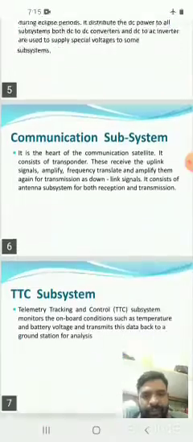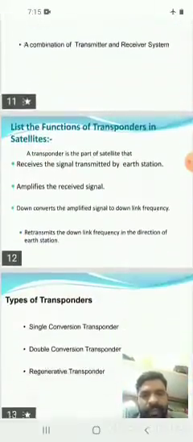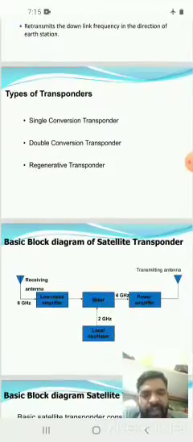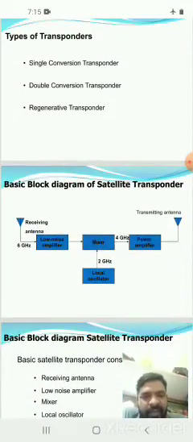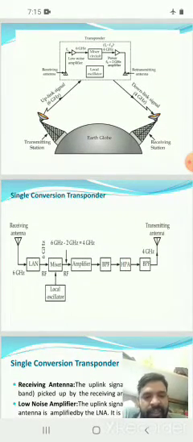Next, the transponder means transmitter and receiver, which contains the single conversion transponder. That means the receiver section, transmitter section, low noise amplifier, mixer stage, amplifier, and band pass filter.